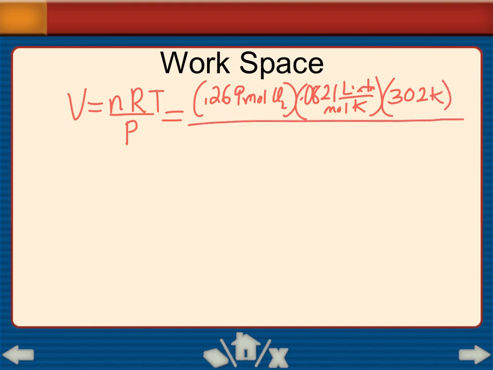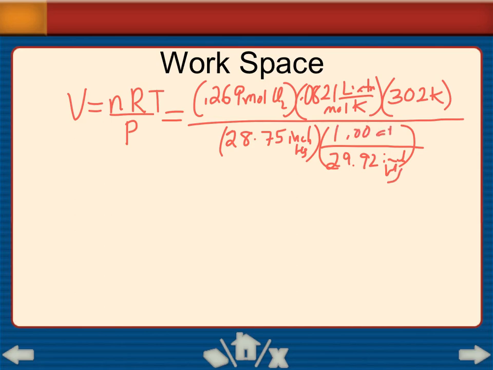And the pressure we're going to convert, I'll write the conversion here since we haven't done it anywhere else: 28.75 inches of mercury. And we're going to convert it to atmospheres, so that's 29.92 inches of mercury is 1.00 atmospheres. So this number for pressure comes out to be 0.961 atmospheres. Okay.